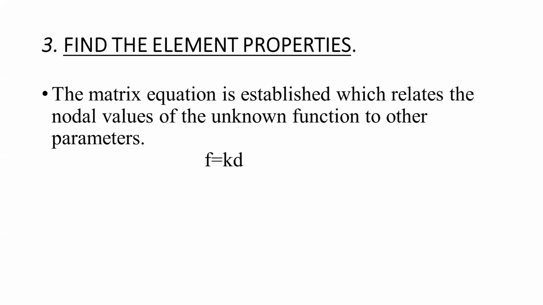In fact, most of the time, K is known as the stiffness matrix. Stiffness obviously is the stiffness of a spring, and by default all the deformation cases which we are going to study have elasticity built in them. So whenever an element has elasticity, obviously it has some stiffness also associated with it.